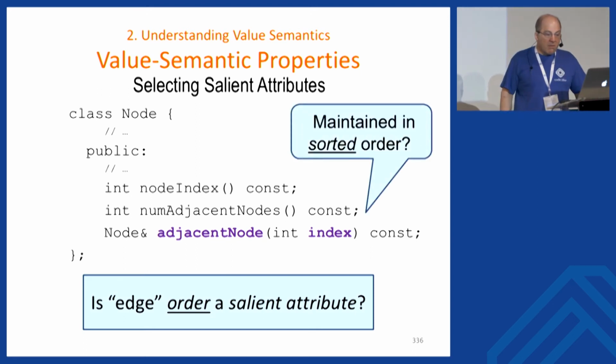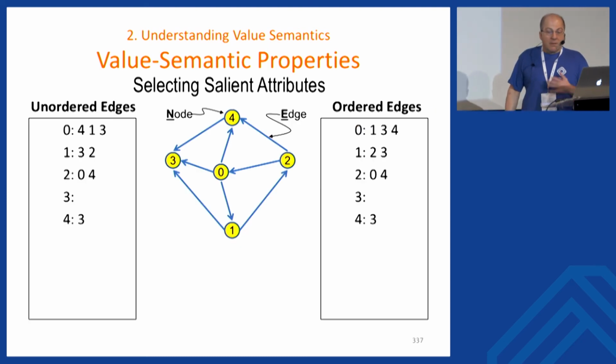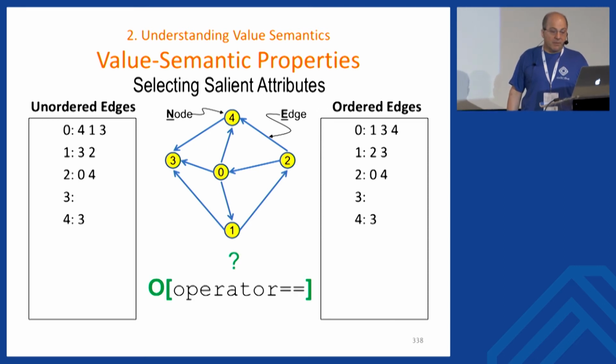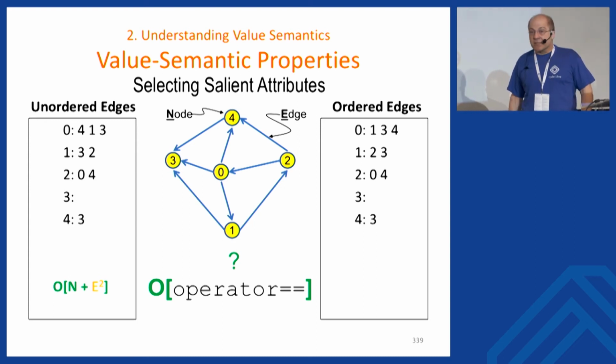No. All right, we could maintain them in sorted order and then it would not be a problem. So if we maintain them in sorted order, or if we represent it as an adjacency matrix, then we have this, operator double equals, ordered edges, unordered edges. Now, if they're unordered edges, in practice, the big O is going to be n plus e squared, because we're going to use a hash table to look it up.